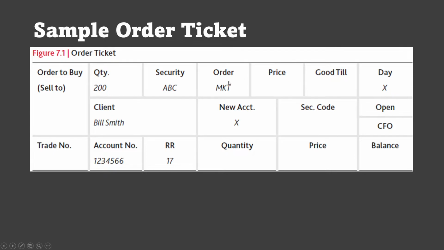You have the price, so since it's market, you're just buying it for the market price. Good till, day orders, client name, new account, and then account number and so on. So this is a sample order ticket that you might want to understand for the exam.